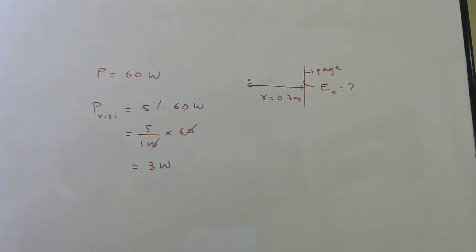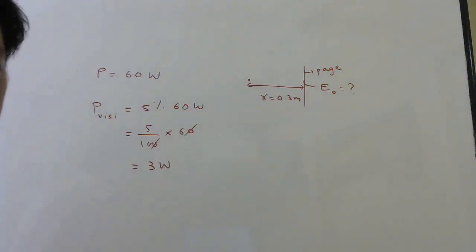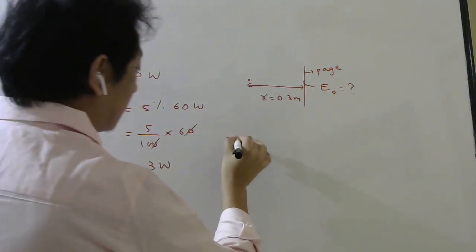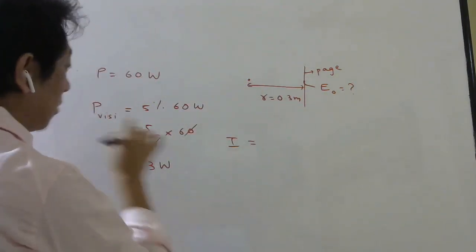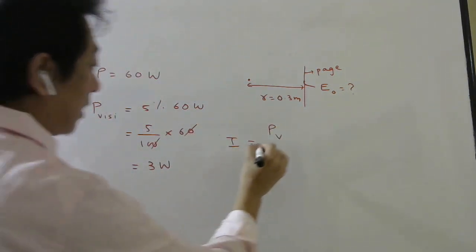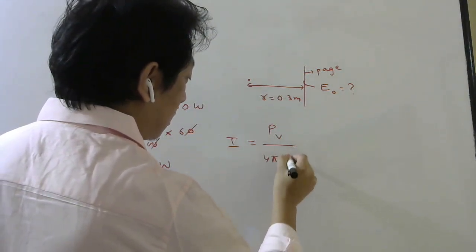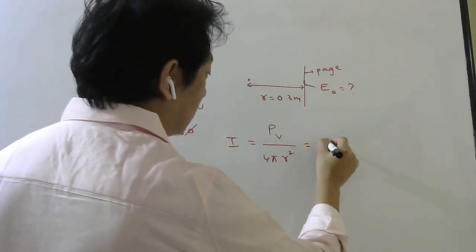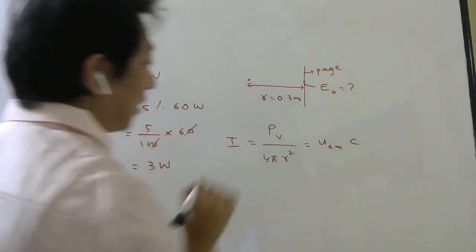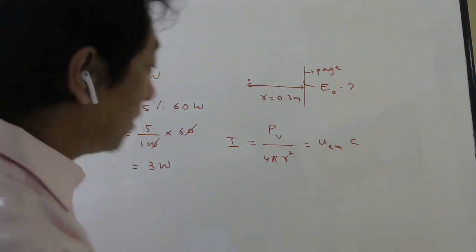Now you know energy will spread in a sphere of radius r. So intensity will be this power, let me write visible like this, divided by area. Area will be 4 pi r square, and that will be your energy density into speed of light. Intensity is energy density into speed of light.